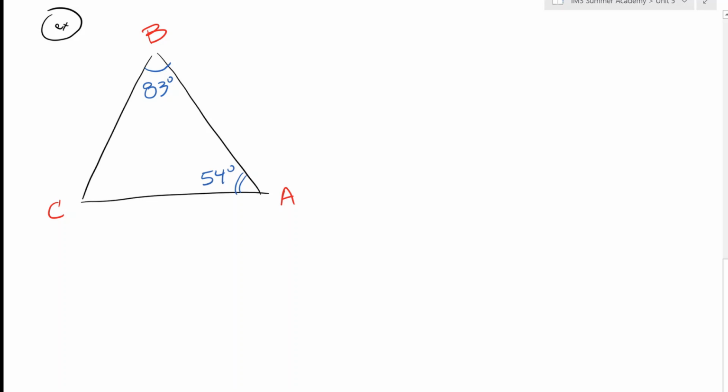They also give us that there's a side length of 11. All right, now the instructions will say find side AB. So the side from A to B.